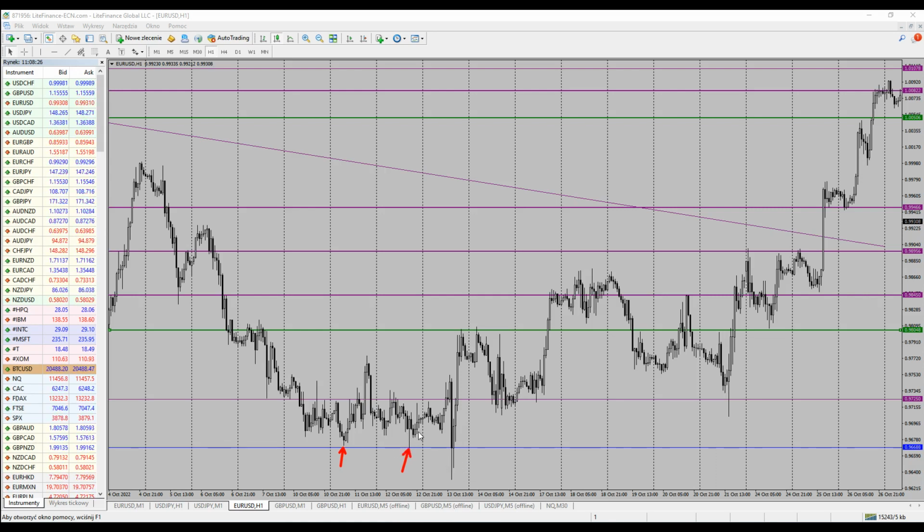So again, I knew something is cooking, all right? Then again, all these stops were taken out by this big low with the close above this important weekly line. So I knew where my stop is: below the lower shadow, and how I can trade from the lower time frame to try to scalp and participate in this nice move to the upside, all right?